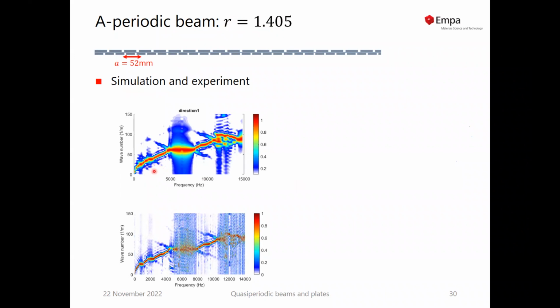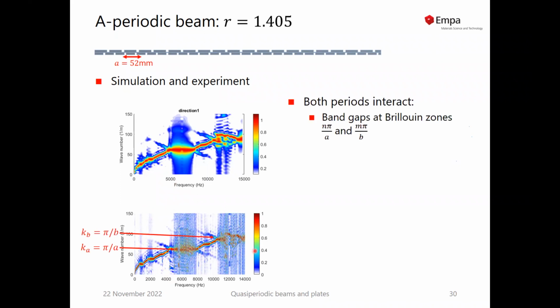If we calculate the dispersion relation here, we see that there is a clear band gap here at 5,000 hertz. There seems to be a band gap here starting at 11,000 hertz, although there is a splitting of the wave number levels. But we also see horizontal parts with band gap behavior at lower frequencies already. Why is this?